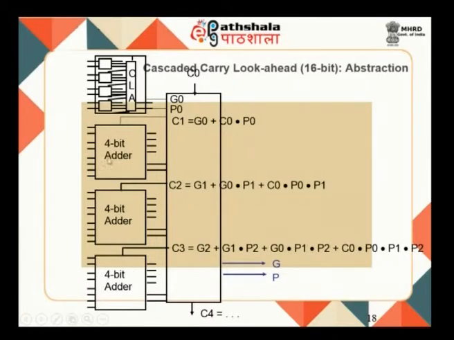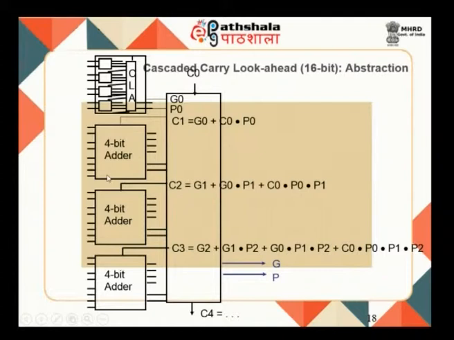So, when I am looking at a carry generated out of this 4-bit adder block, either this 4-bit adder block generated it, or this block generated it and this block propagated it. Whatever concepts we applied to independent stages of full addition, we will apply the same principles of carry look ahead addition to blocks of full adders.